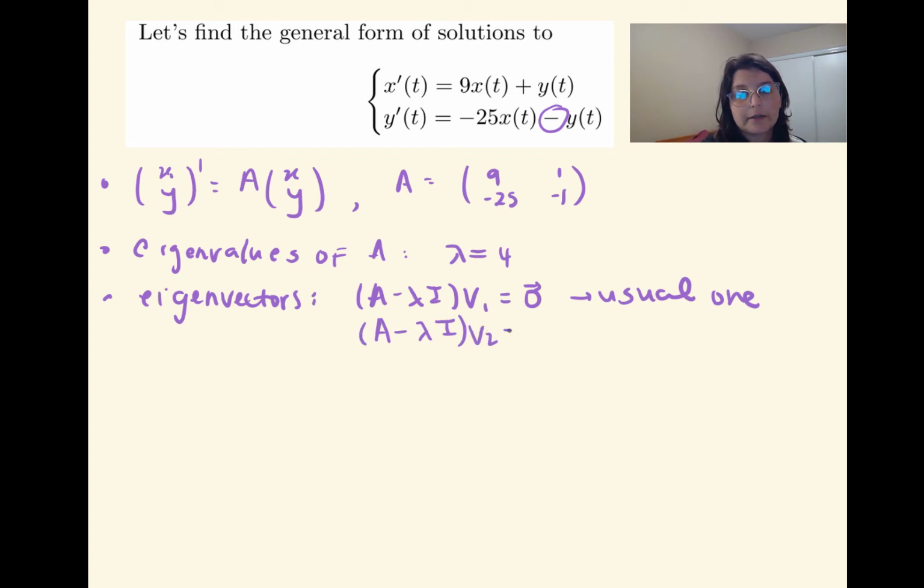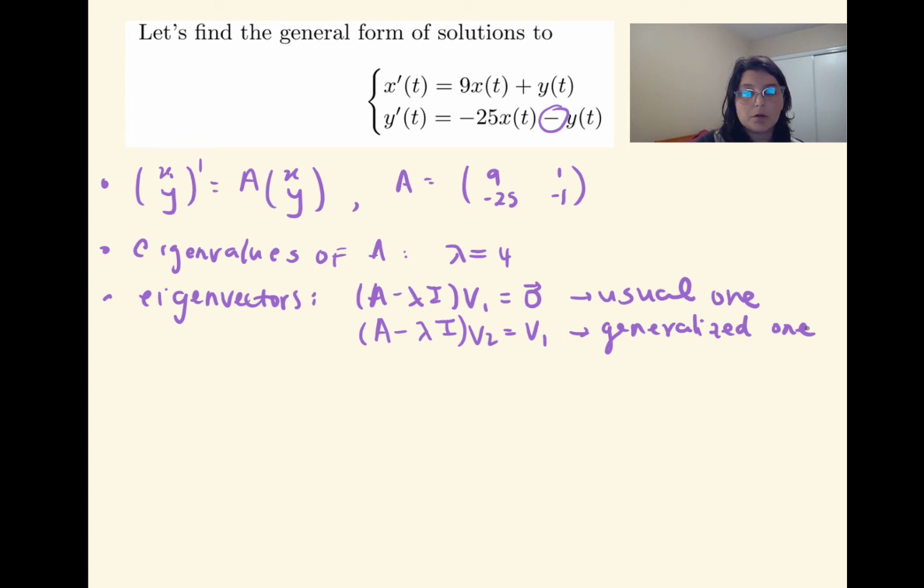It comes from solving the equation (A minus lambda I) times v2, so v2 is a generalized eigenvector, equals v1. Once we choose v1, we find v2 by solving this equation. We want to find v1 and v2 because we need them in order to find x and y.